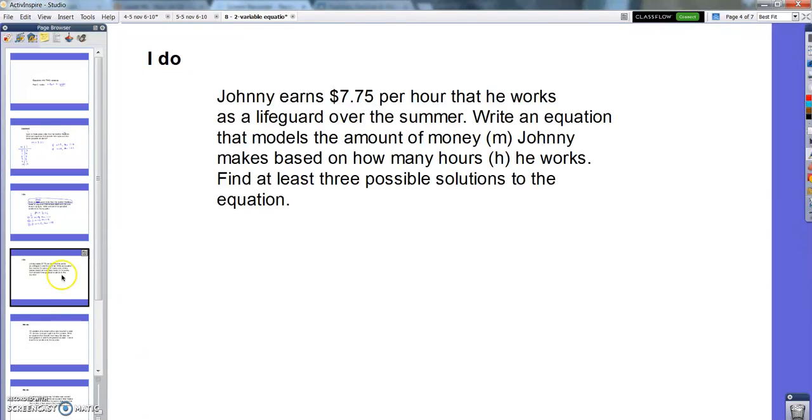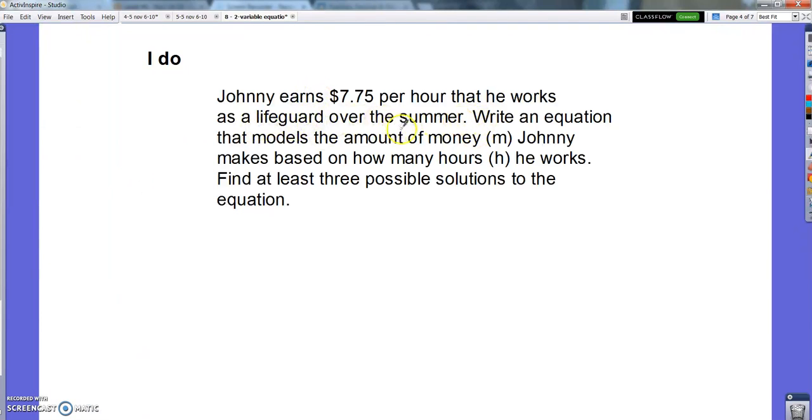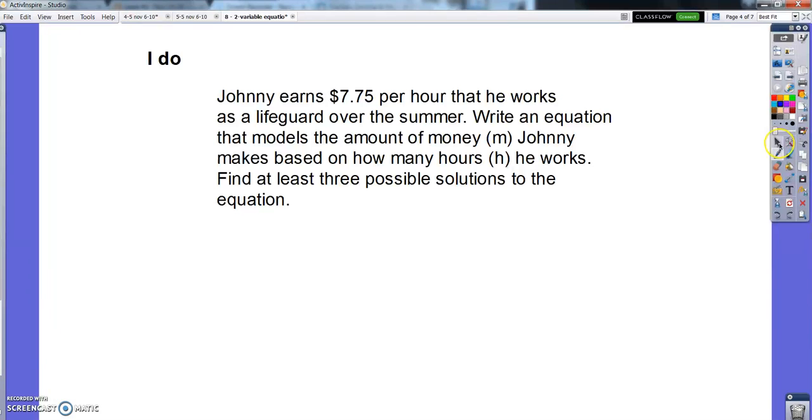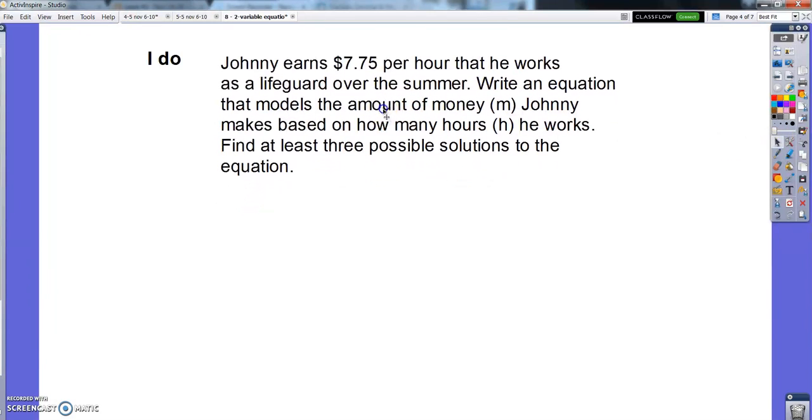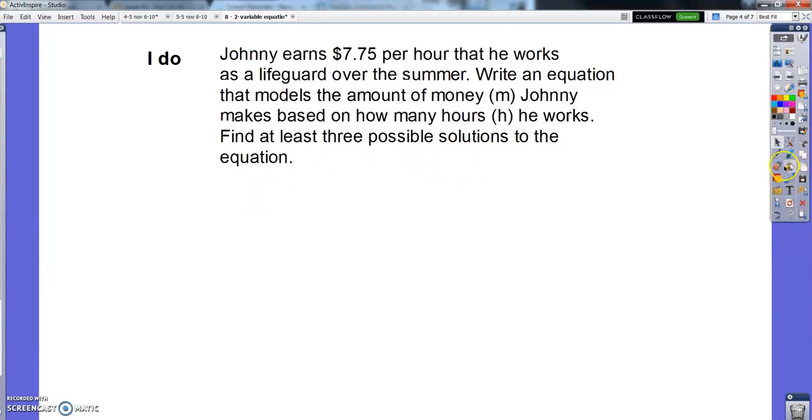So this was our second one last time. It says Johnny earns $7.75 per hour that he works as a lifeguard over the summer. Write an equation that models the amount of money Johnny makes based on how many hours he works. We found 3 possible solutions last time. Let's rewrite my equation first, because I need that to start with.